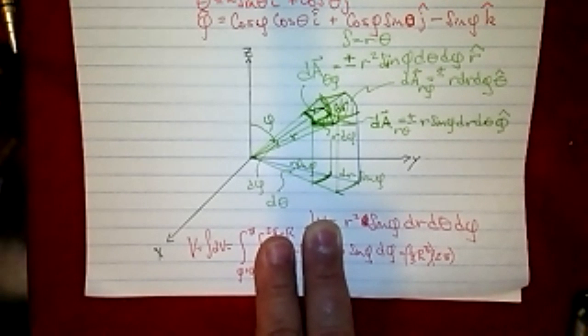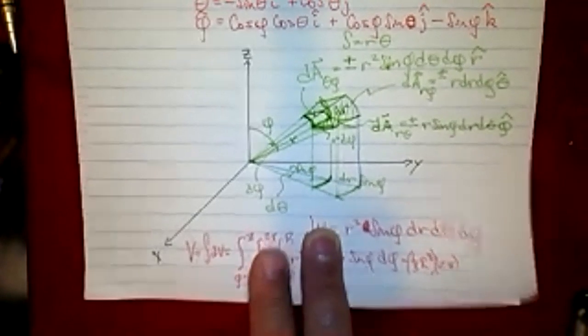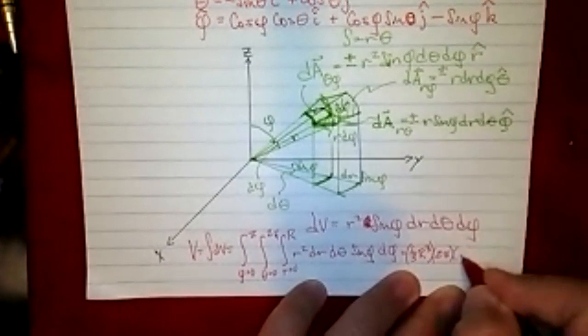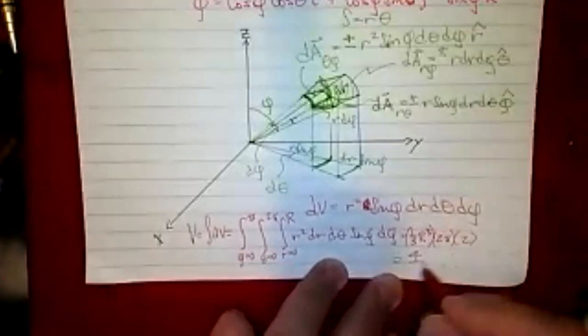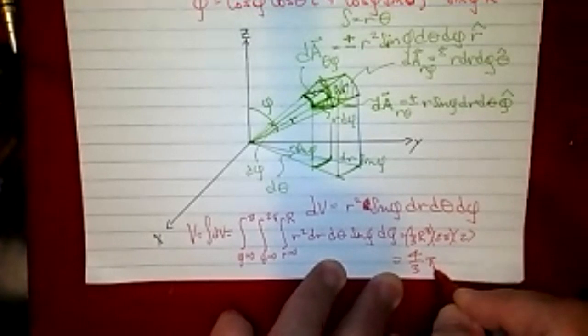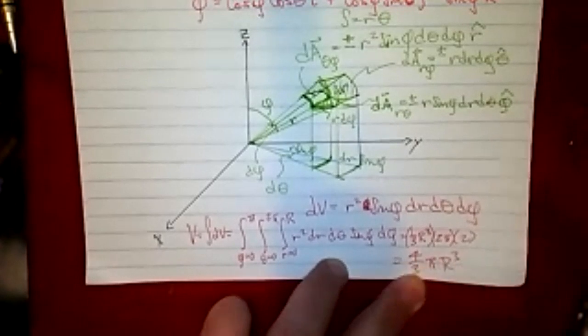Negative cosine phi at pi: cosine of pi is just -1, but the negative of that would be +1. Then I subtract from that the negative cosine of 0, but the cosine of 0 is 1, so minus a -1 gives me +1. So I end up getting 2. Ultimately, I got 2 for that last integral, and lo and behold, that's correct. I got 4/3 pi R cubed is the volume.